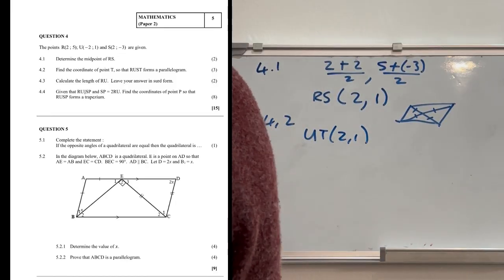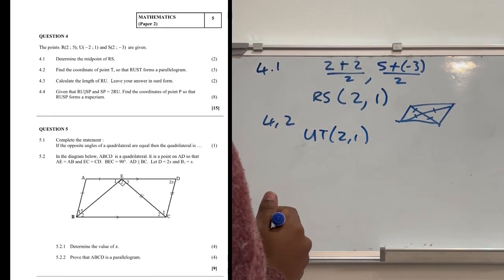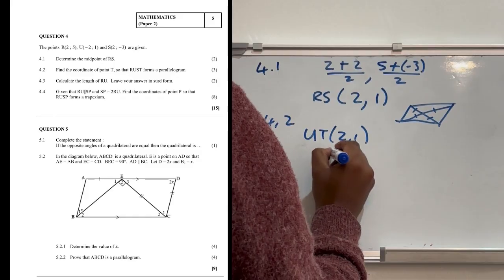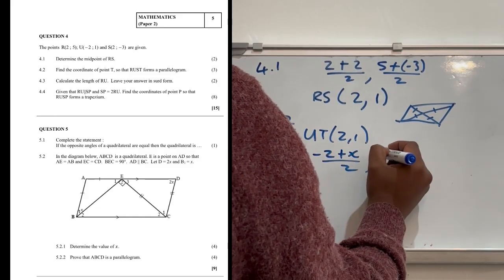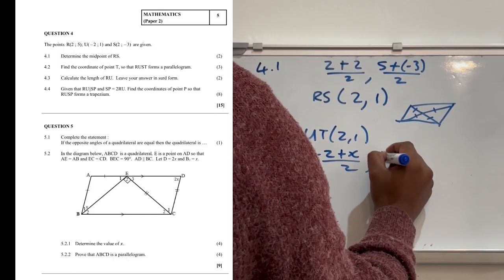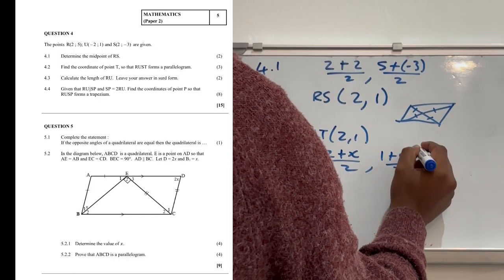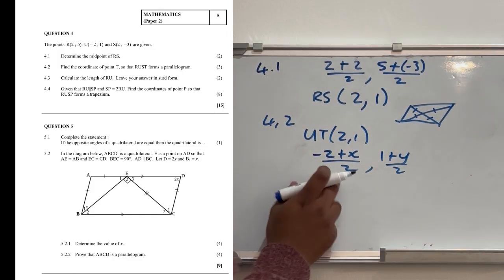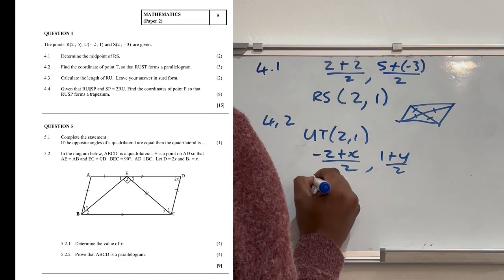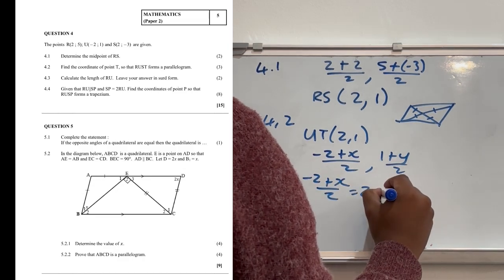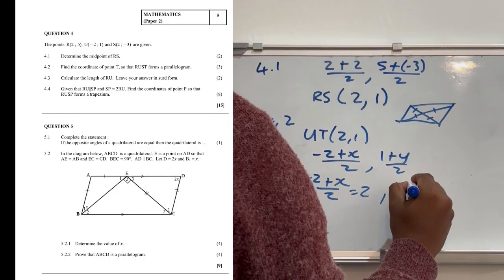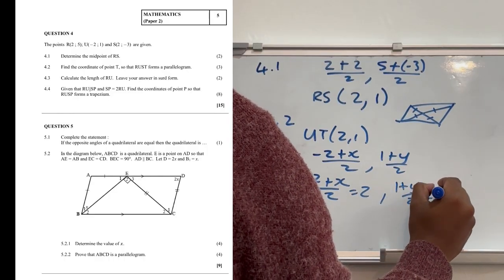So what is the midpoint of UT? That will be minus 2 plus x over 2, and then 1 plus y over 2. So then we can just make this equal to 2 and 1. So minus 2 plus x over 2 is equal to 2, and 1 plus y over 2 is equal to 1.